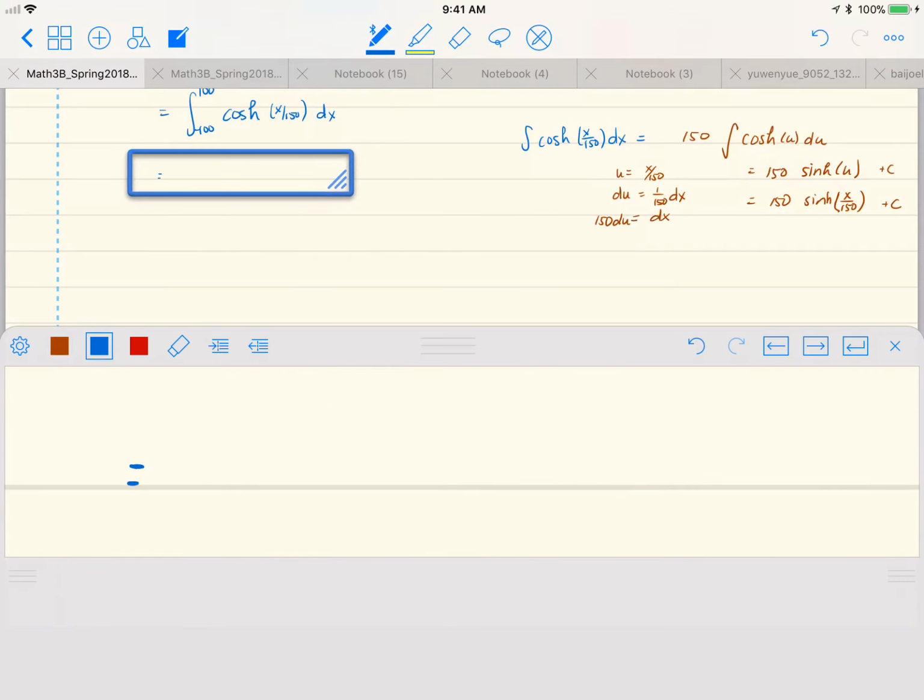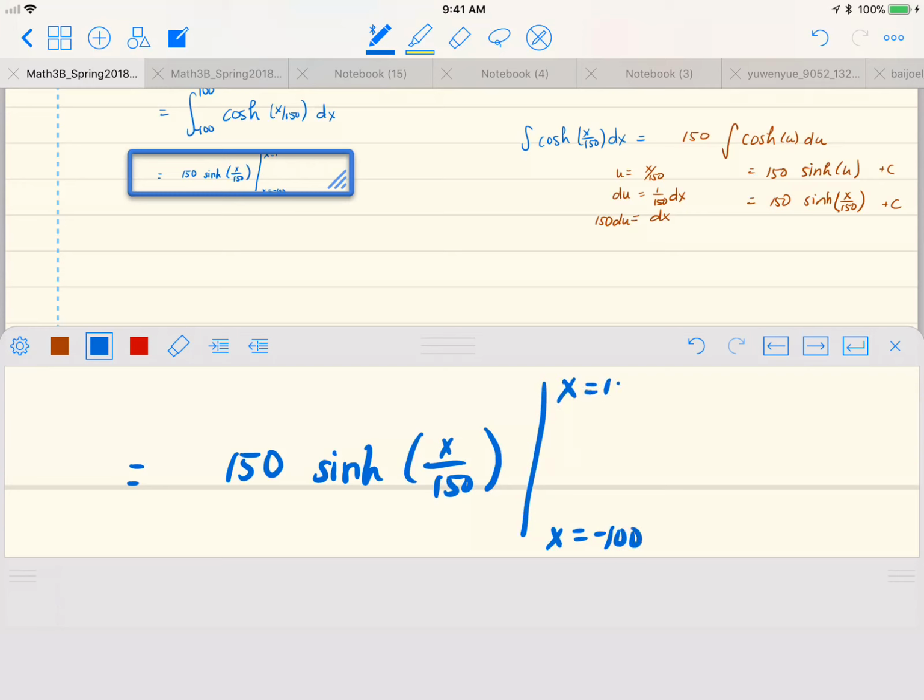So this is going to be equal to 150 sinh of x over 150 evaluated at x equals negative 100 and x equals 100.